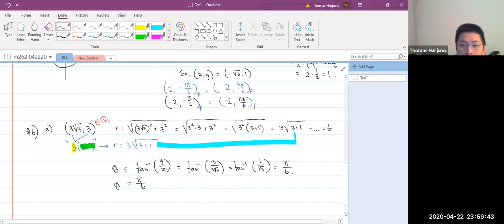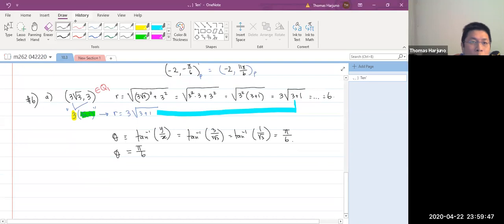Now, what happens if I modify the question a little bit? This time I say -2 comma -2. As you can see, it has common factor 2.